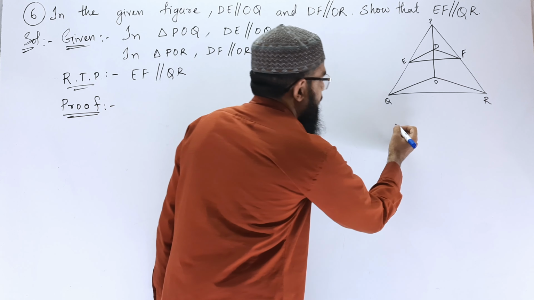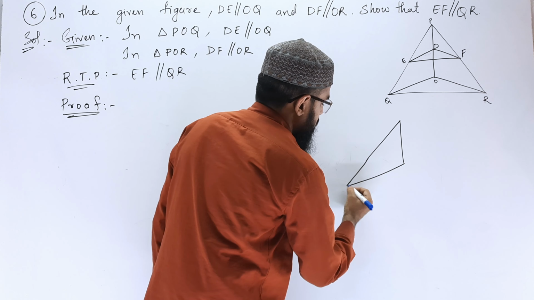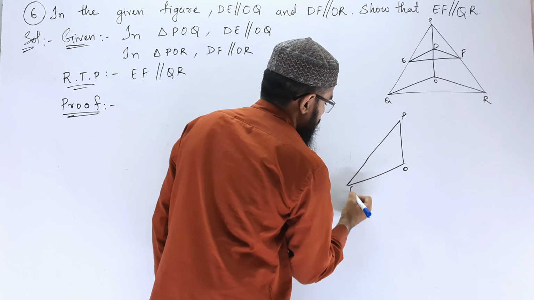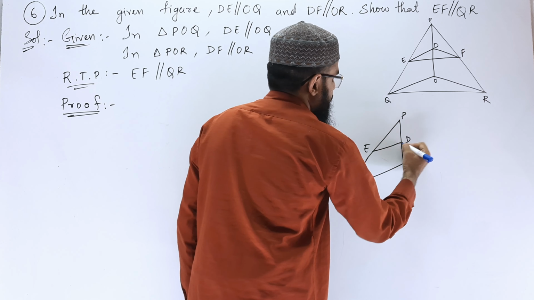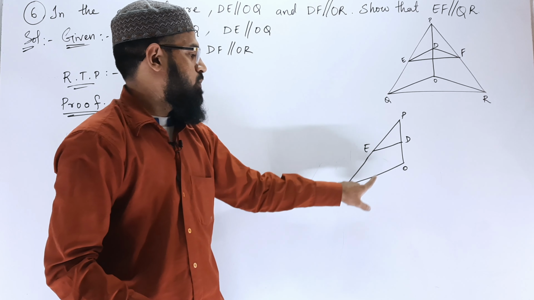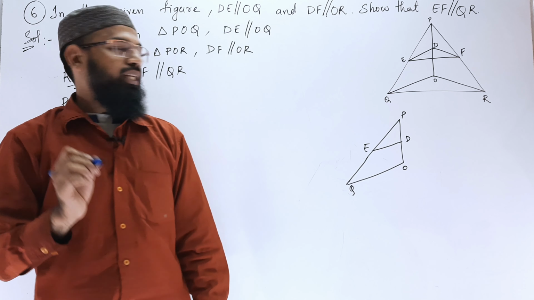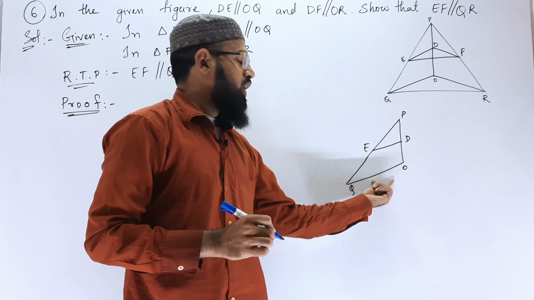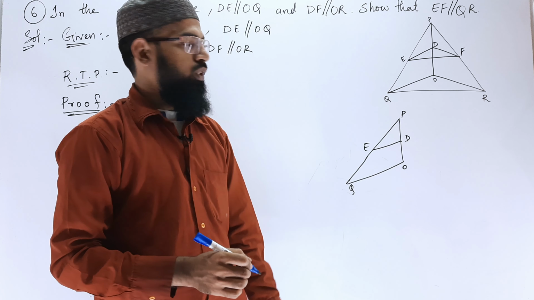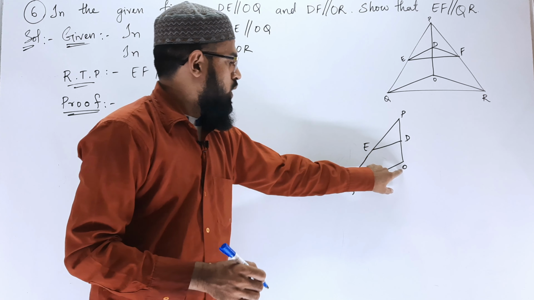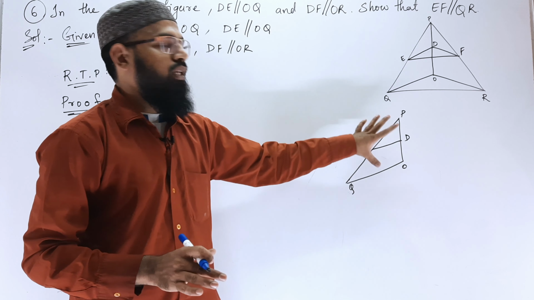Let us take triangle POQ from this big triangle. So here it is ED. They have said that ED is parallel to OQ. That means by the basic proportionality theorem, we know that any line parallel to one side of a triangle divides the other two sides in the same ratio.